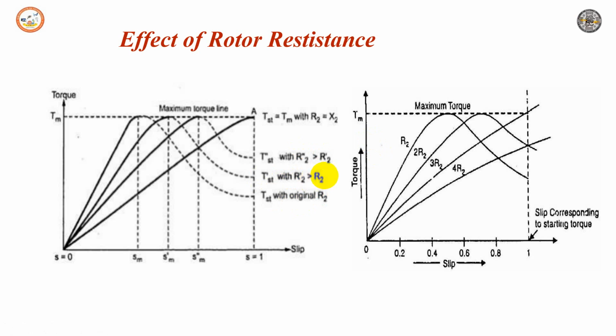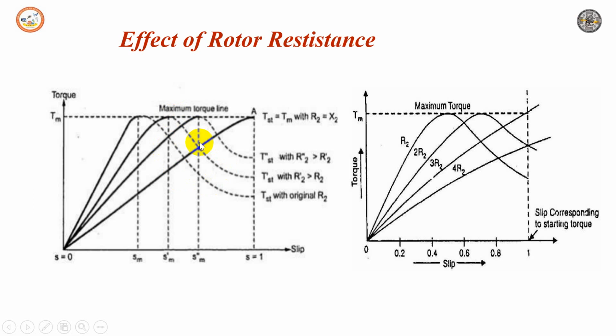So if you observe here, compared with the torque with the original R2, if R2 dash is greater than R2, then the slip starts increasing. Due to this, we get a new torque characteristic for the changed rotor resistance, which is similar to the original characteristic but with Tm occurring at Sm dash. The effect of change in rotor resistance on the torque-slip characteristic is shown in this figure.